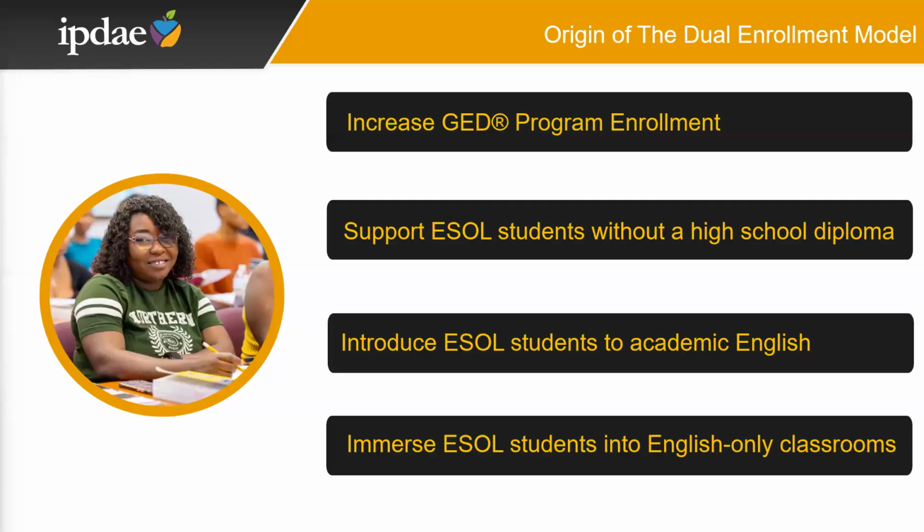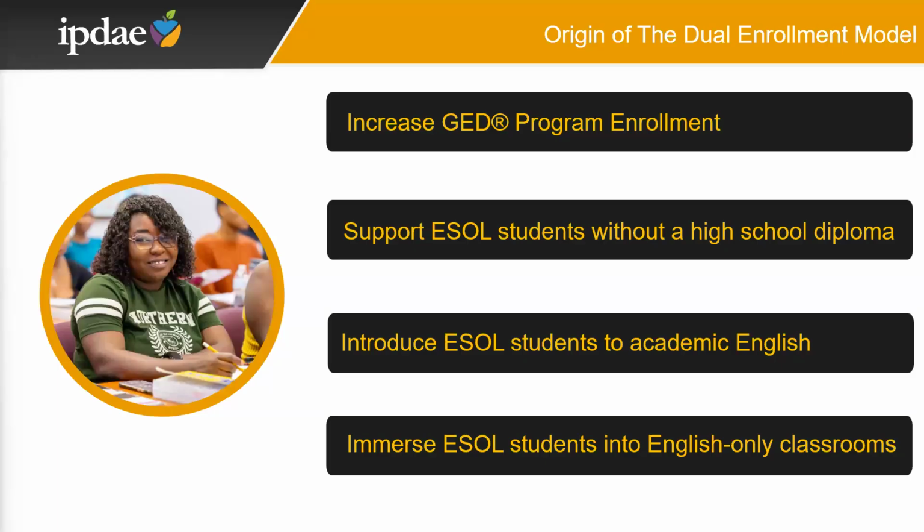Second, many of our ESOL students lacked a high school credential, or they maybe had the credential, but they did not have access to get copies of their transcripts to have them evaluated. This model offered them a structured way to earn their GED or high school equivalency.